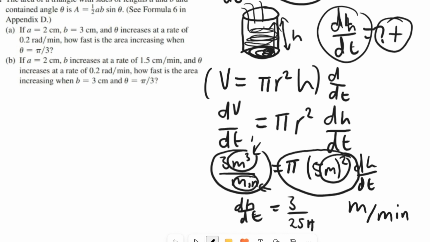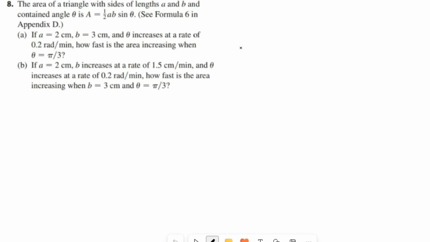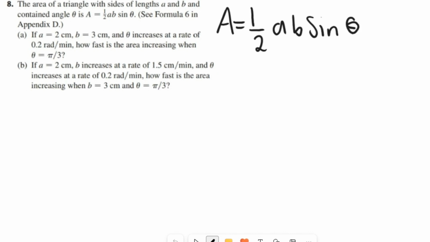Let's look at number 8. Number 8 says the area of a triangle with side lengths A, B, and a contained angle theta is given by this one. We know this one from grade 12: the area of a triangle is given by 1/2 AB sine of theta.